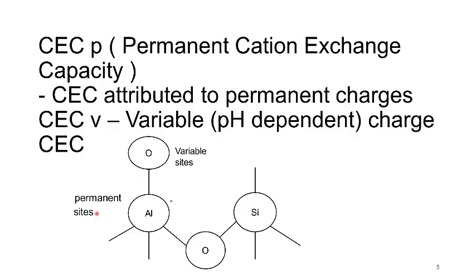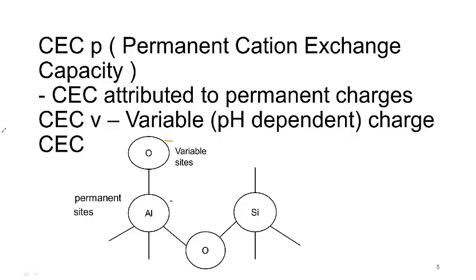And we can introduce the second type of cation exchange capacity, the cation exchange capacity variable. These are the variable sites because, in an acidic medium, if the soil is acidic, this oxygen atom can hold a negative charge, right?